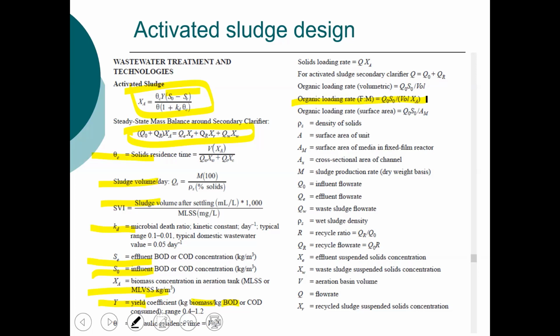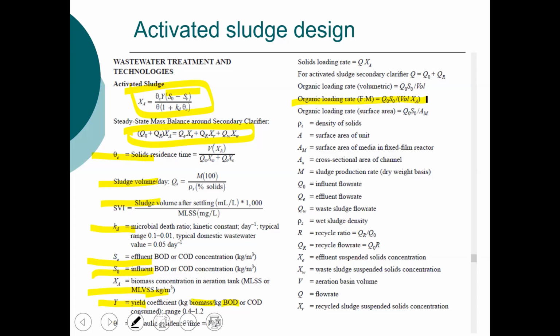At the end of class, what's left? A lot of food. So think about that. If I provide the microorganisms too much food, what happens? The wastewater is not treated to the level it should be. Exactly right. So my concentration of BOD in my effluent will exceed the design criteria, the limits required. So I don't want to provide too much food.